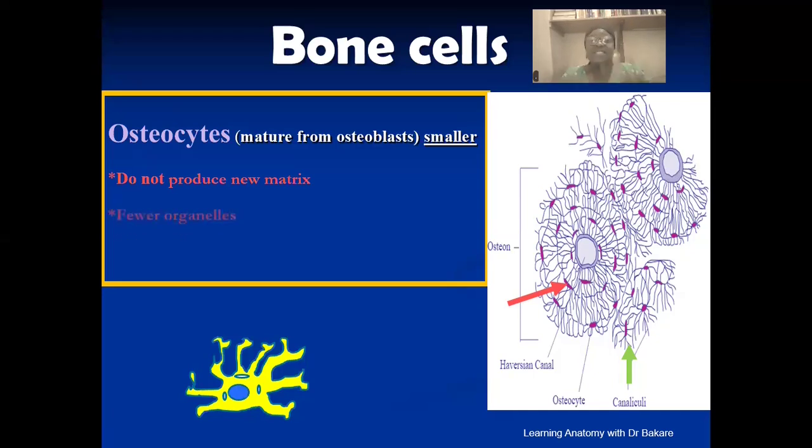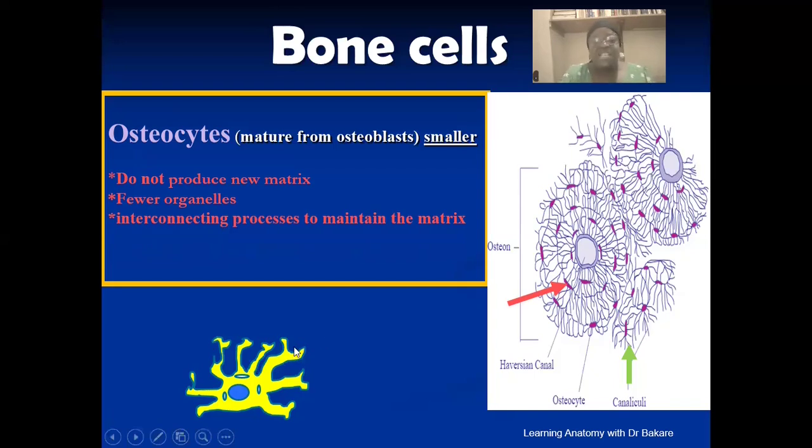So if you look into the cytoplasm of this cell, you see that they have fewer cell organelles because they are not involved in metabolic activity. But what is distinct about osteocytes is that they project interconnecting processes. And if you look at this image down here, you see that we have a number of processes that emerge from this cell. And this is basically to help maintain the extracellular matrix.